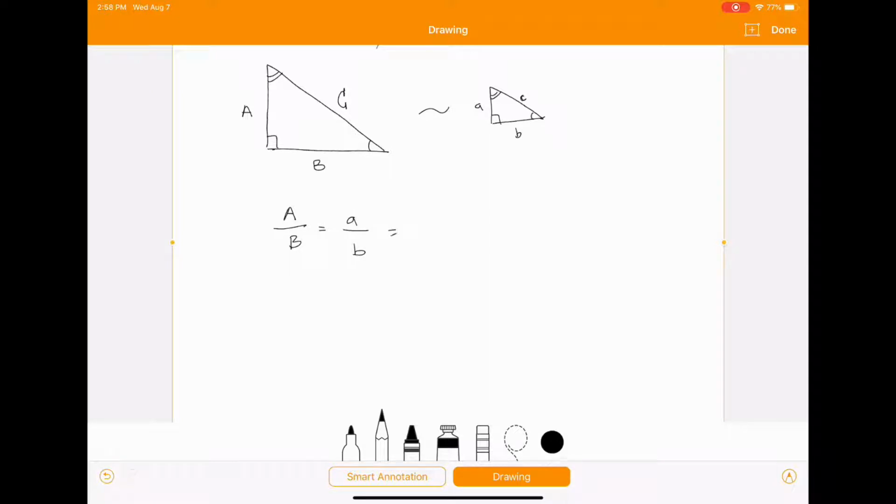Or you can also do things like a over A equals b over B equals c over capital C. But again, notice in all of these examples that your top and bottom have to be consistent.